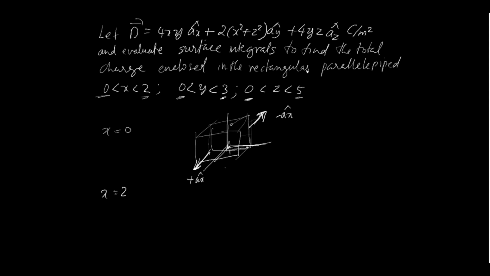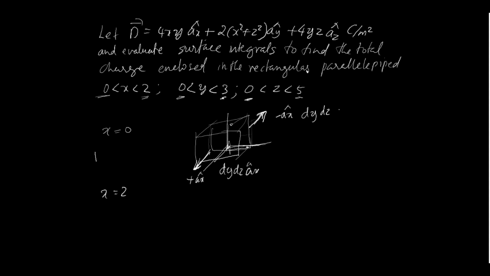Now what is dS here? Since x is constant, only dy and dz remain, so dS is dy dz ax cap at x equal to 2, and minus dy dz ax cap at x equal to 0. So what is D dot dS?